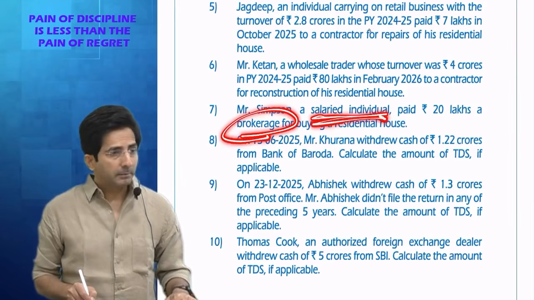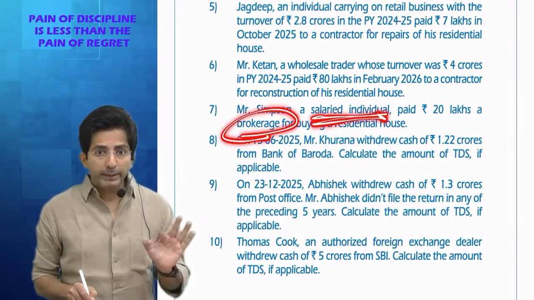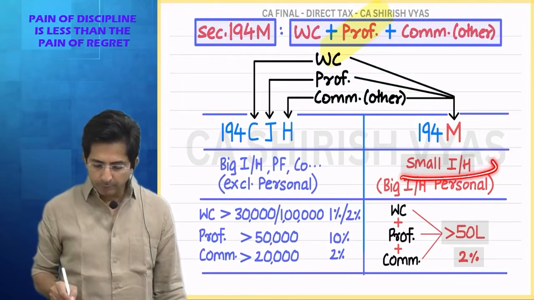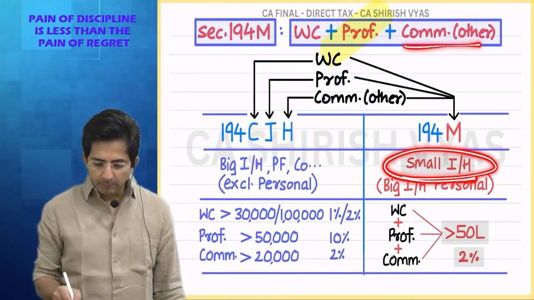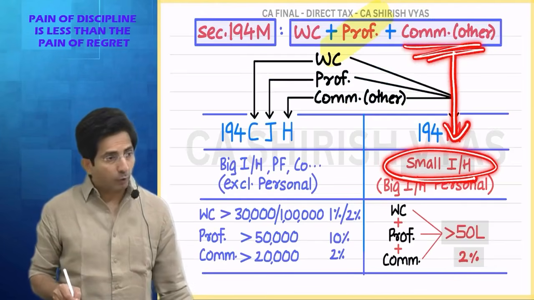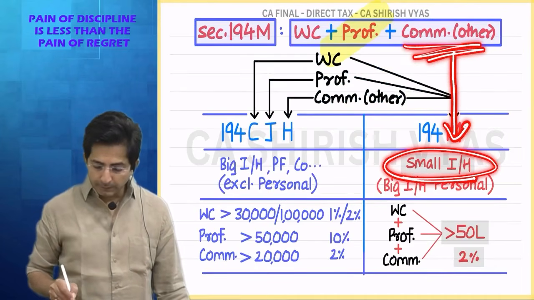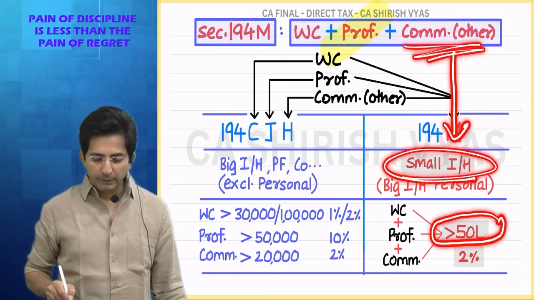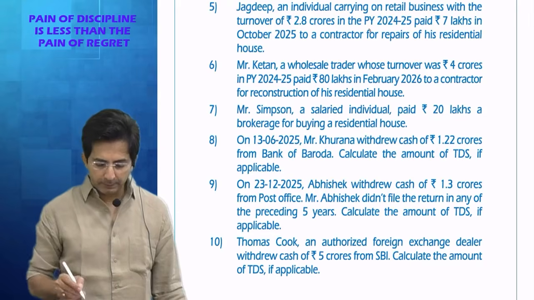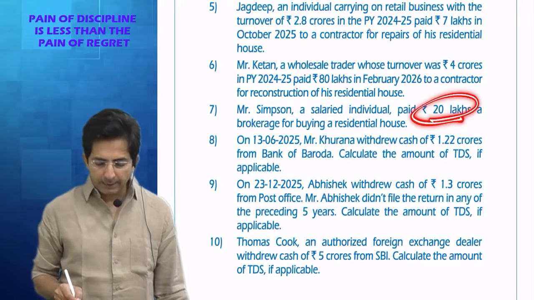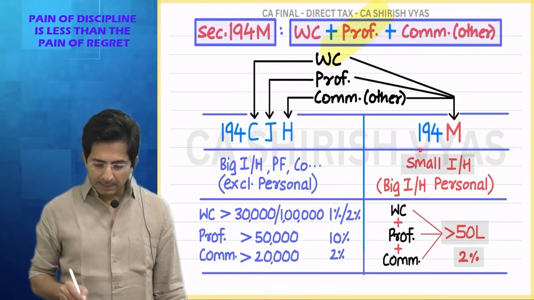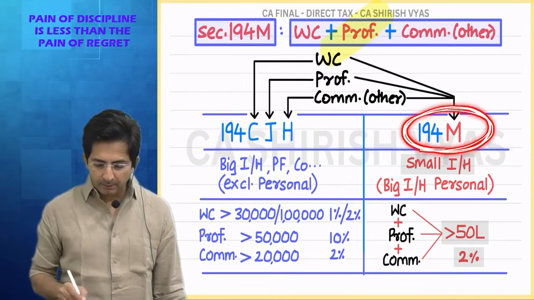That means payment is made by a small individual HUF. So you can figure out from here, small individual HUF and commission means brokerage only. So now you have to check whether the payment is exceeding 50 lakhs. No, it's not exceeding 50 lakhs. If you see in the question, the payment was only 20 lakhs. So TDS will not apply. But I thought from which section angle?